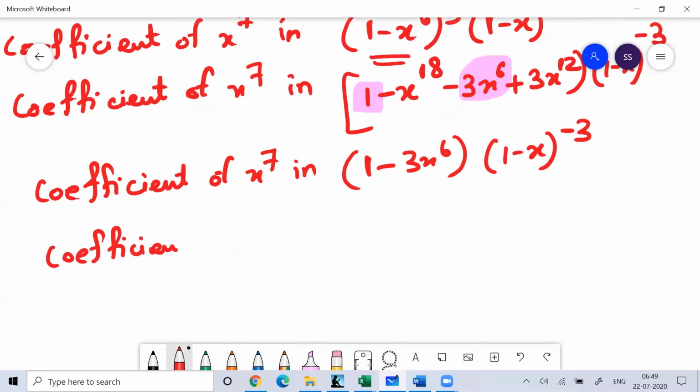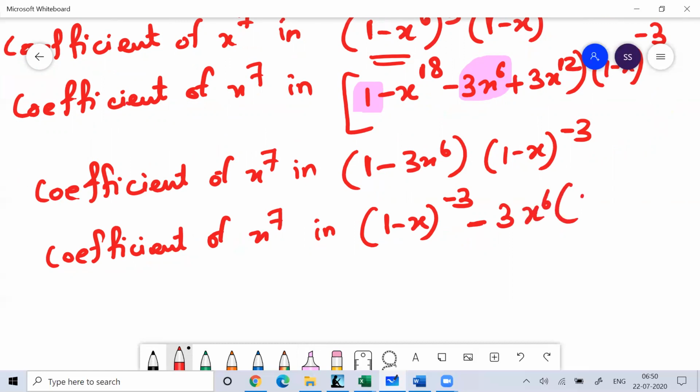I can write the coefficient of x to the power 7 in, if I open the bracket, I'll get (1 minus x) to the power minus 3, minus 3 x to the power 6 into (1 minus x) to the power minus 3.